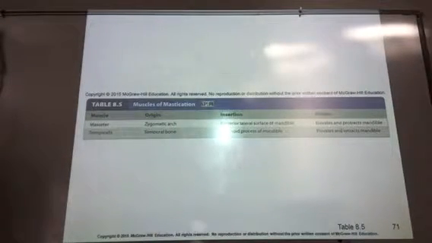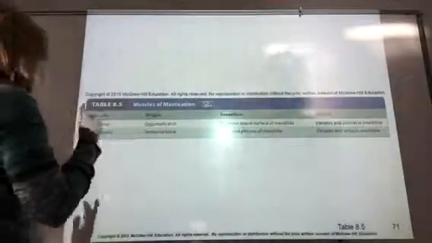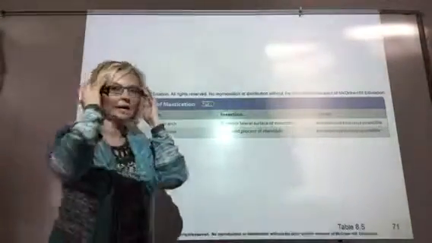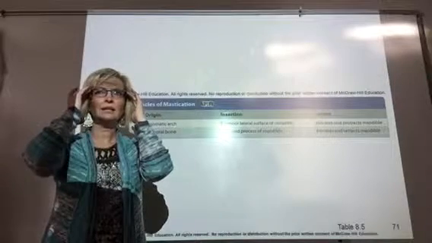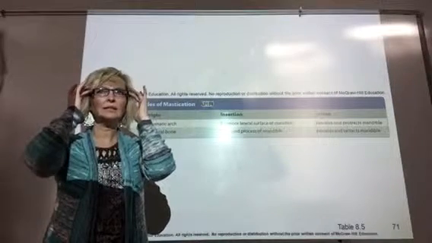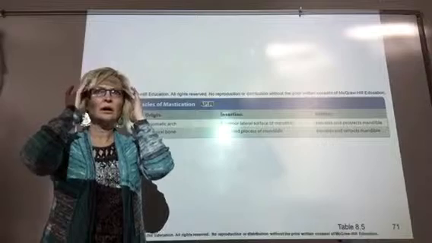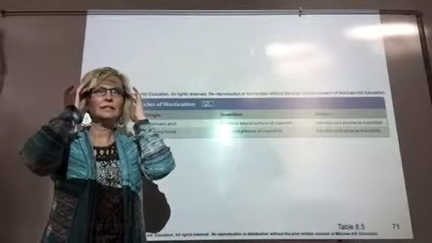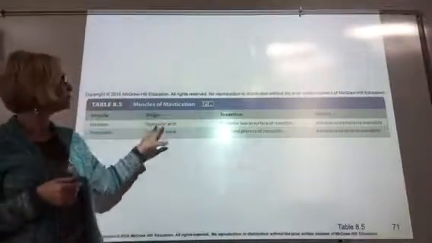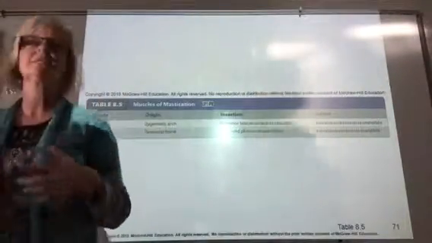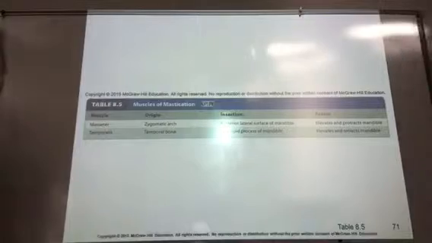And your temporalis is actually where your temples are at. So kind of same thing. If I clench my teeth again, you can feel a tightening up in your temporalis also. So I can feel it tighten here and here. And those are the two main muscles that deal with eating.